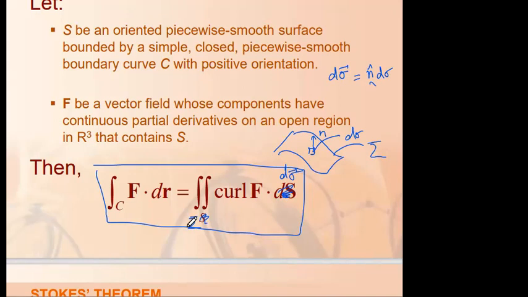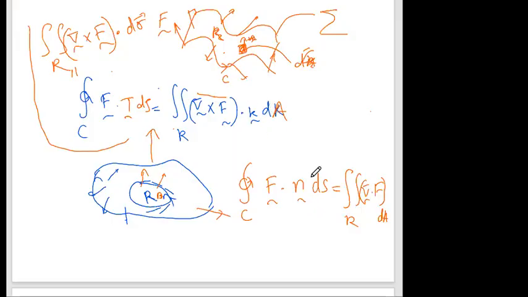What is the kth component? In the two-dimensional version, the first version of Green's theorem, the kth component is the unit vector along the z-axis, right? So now we extend Green's theorem to a three-dimensional surface.